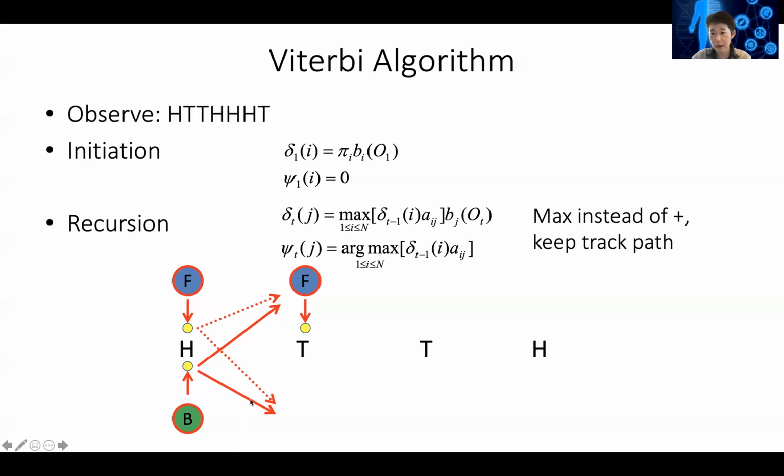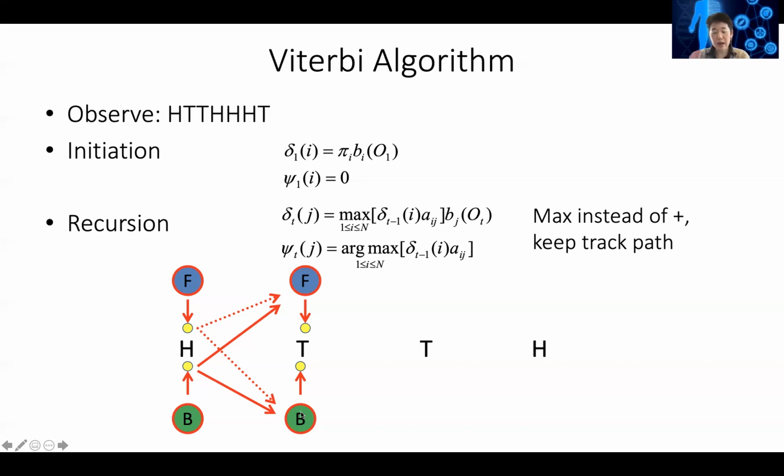We again do a comparison, pick the bigger one, and use that number to multiply by the emission probability of a bias coin giving out a tail. And the pointer here, the psi, will keep track of the path to get here.